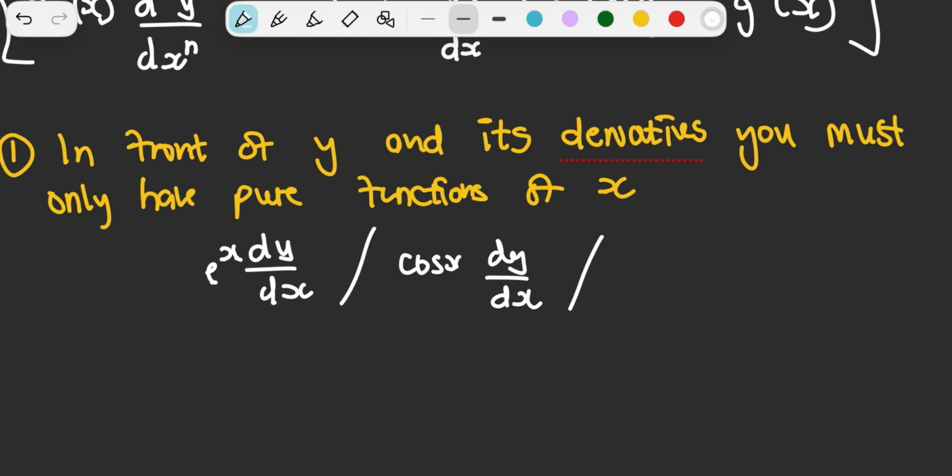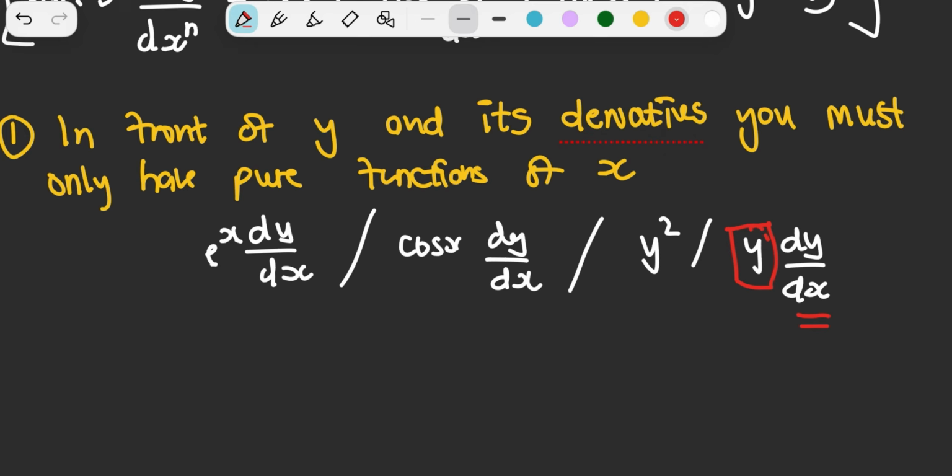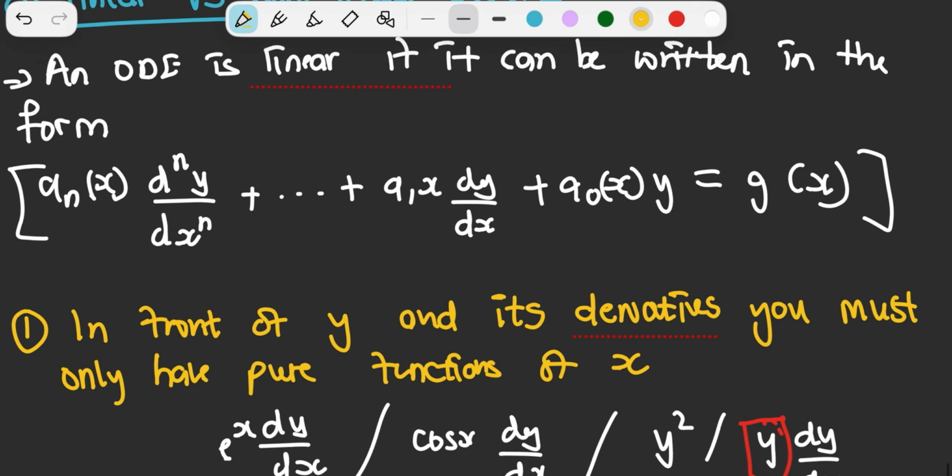You can't have situations where you have y squared, or situations where you have y dy dx, having another function of y behind the derivative. So behind y and its derivatives, you must only have pure functions of x. That's the first rule that you need for a linear function.